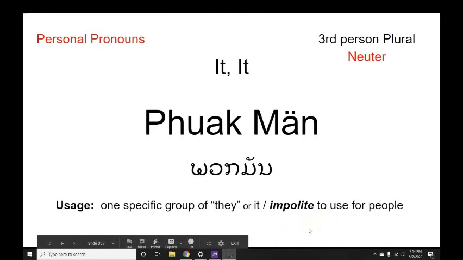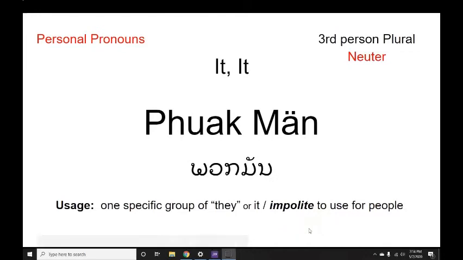And then the plural of it, third person plural, it, the neuter is puak man. So it, they, right? Puak man, it. There's more than one of them, of it. So many bottles on the table, puak man.